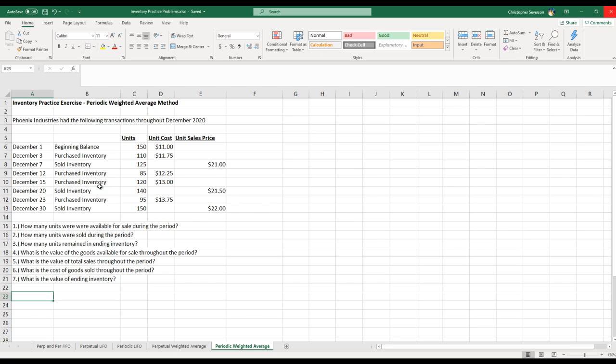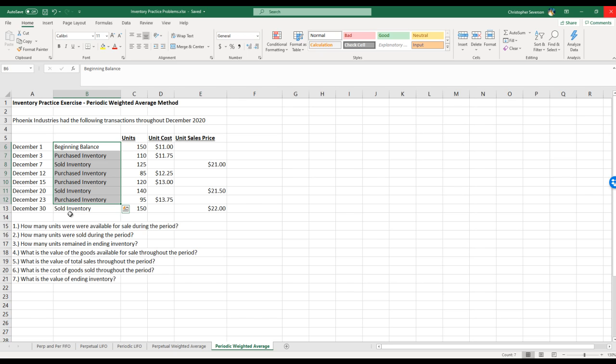So what that means is if we were doing perpetual, we have three different sales in this example. We would have to do three separate calculations, but since we're doing periodic right now, we take a look at all of the inventory and do one sale. So it's an easier method, and the weighted average makes it even easier because you do one weighted average calculation and you're good to go.